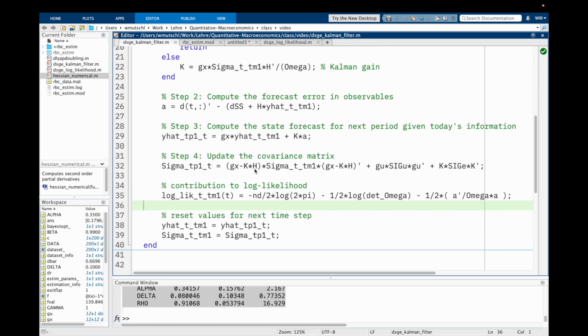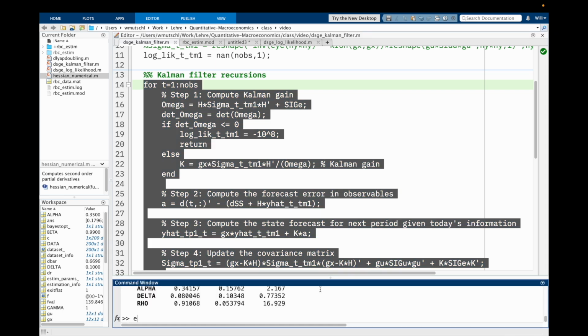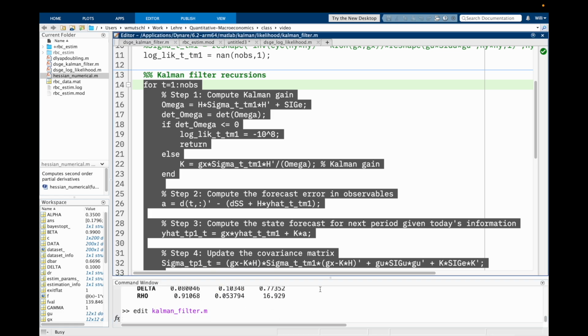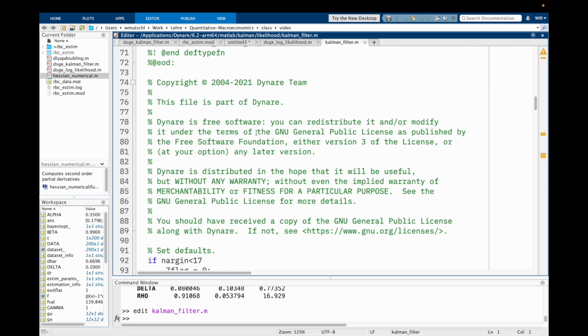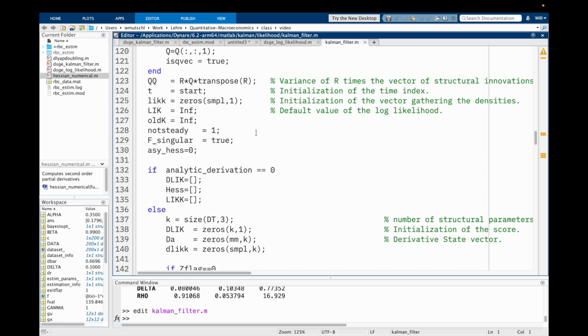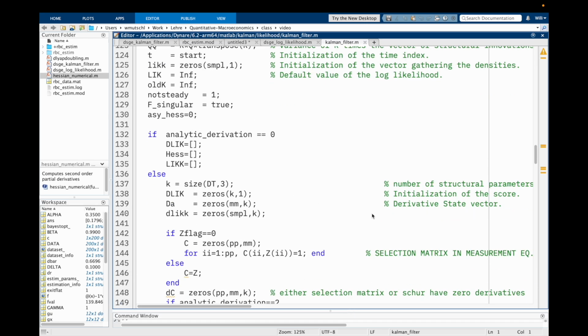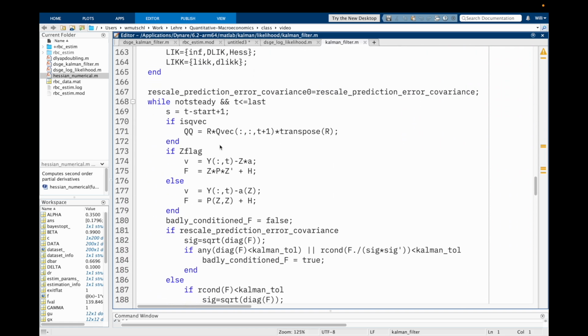Okay, just a side note, this is a very textbook way to compute the Kalman filtering recursion. If you want to have a look at what Dynare does, you can have a look at Dynare's Kalman filtering routine. It can even deal with non-stationarity of some variables, and can do many things, but at the end it does the same thing.